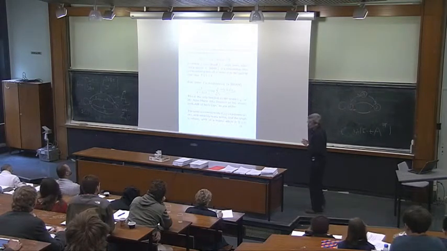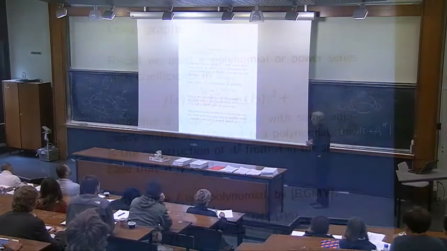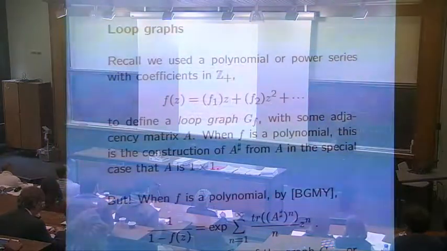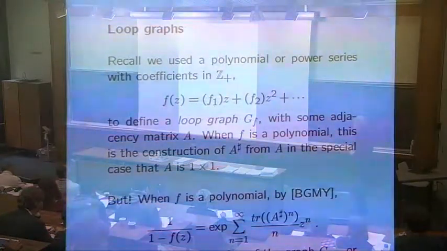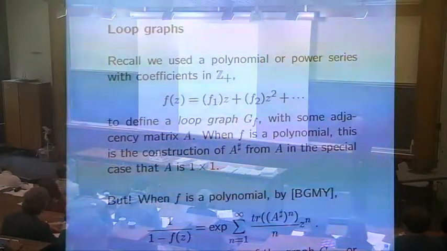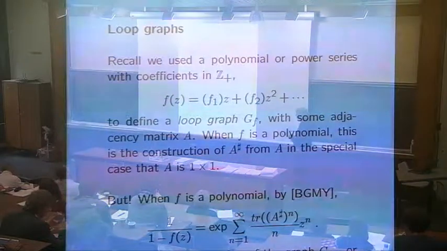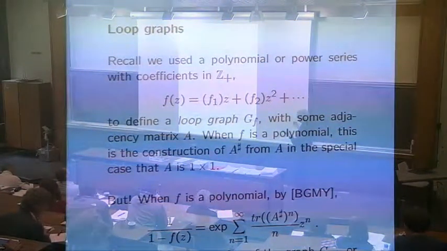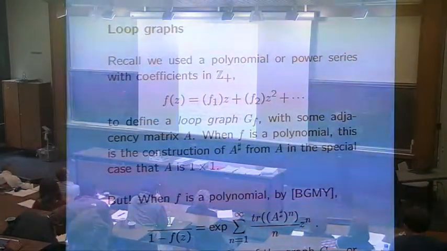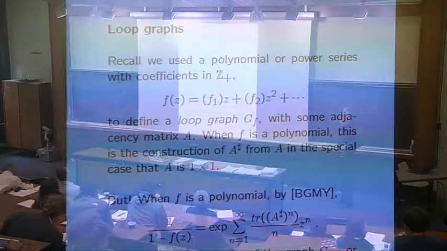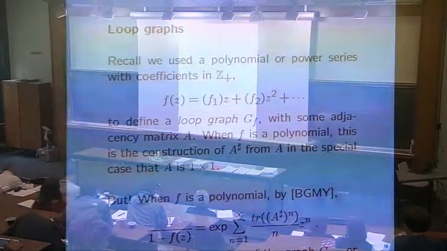Remember something we were thinking about last week, loop graphs. So we used a polynomial or a power series with coefficients in Z plus to define a loop graph with some adjacency matrix A. Well, when f is a polynomial, this is just the same construction we were just doing right now.